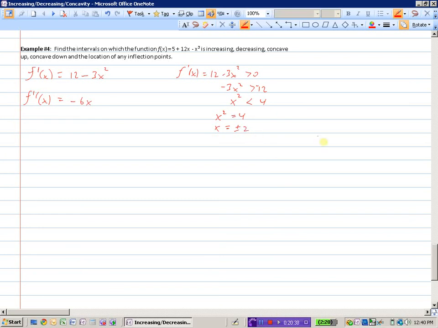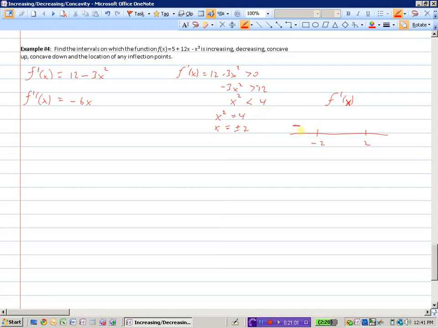So on my number line, I'm going to do a test of the first derivative. Find out where it is positive and where it is negative. If I were to try a point like negative 5, negative 5 squared is 25. 25 is not less than 4, so this is a negative region.